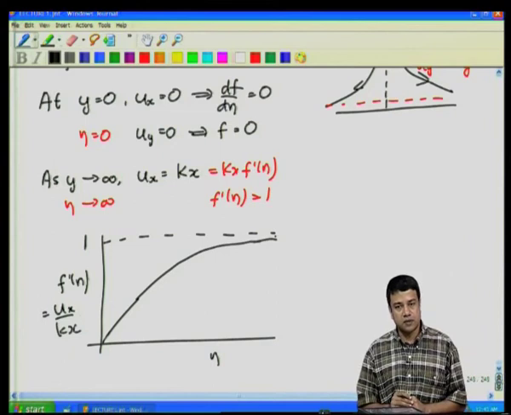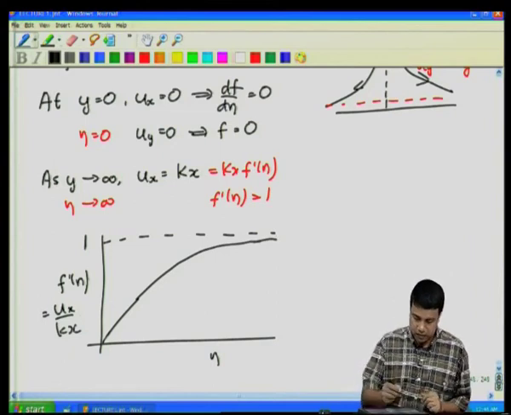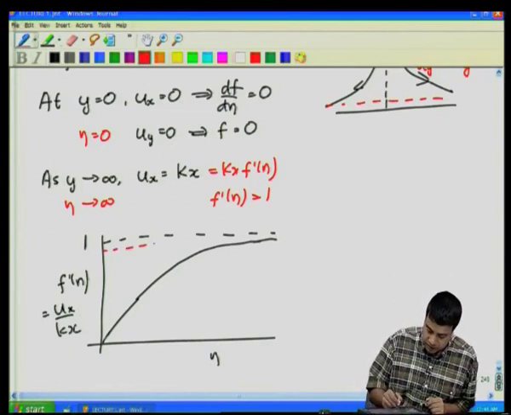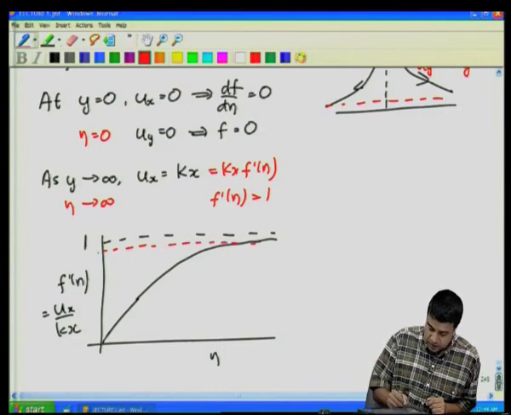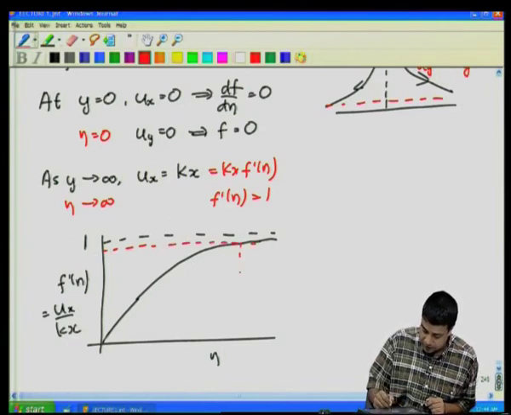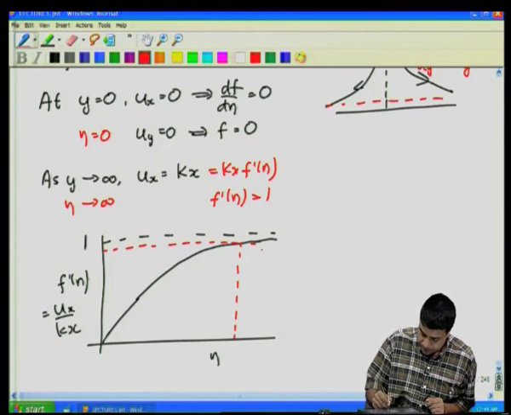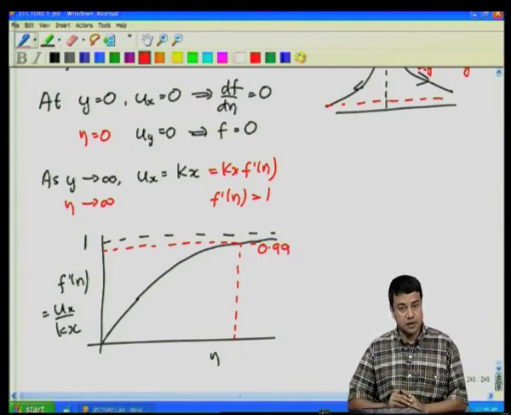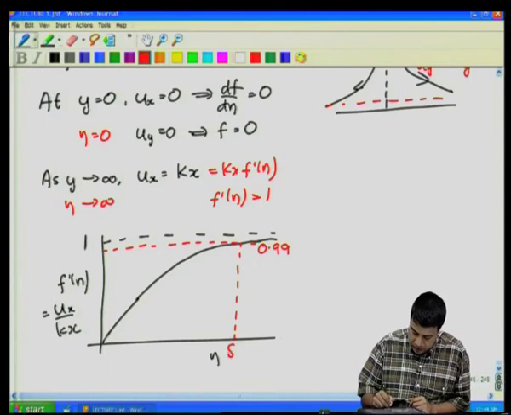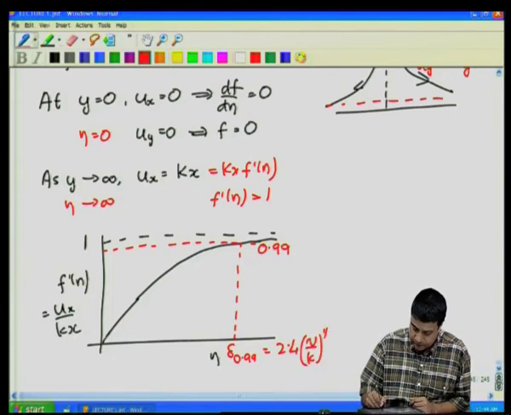If you try to use the same measure that we had earlier, delta of 0.99, as the value of eta at which u x by k x is equal to 0.99, that is, u x reaches 0.99 of its free stream value, this delta of 0.99 is equal to 2.4 times nu by k to the half.